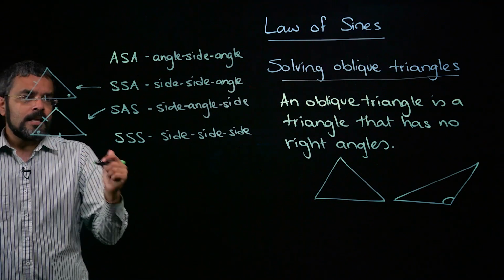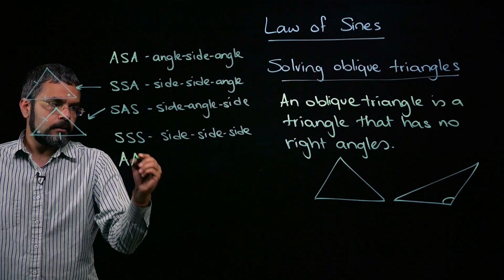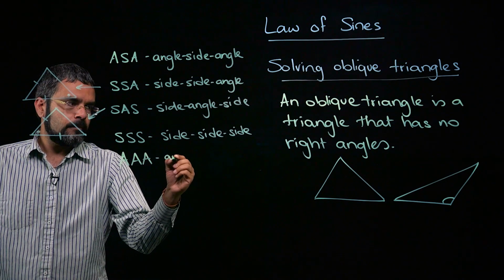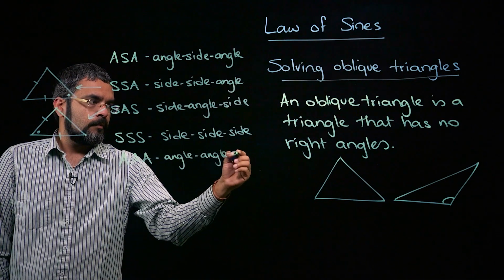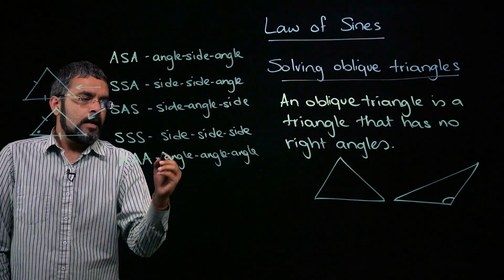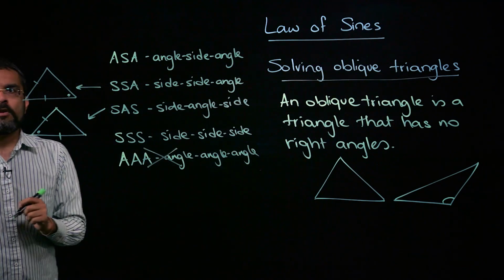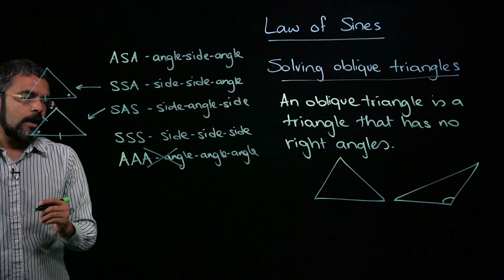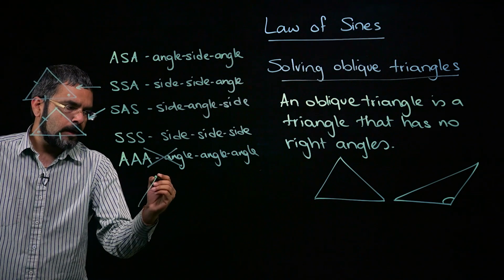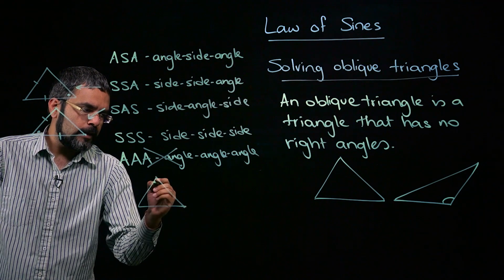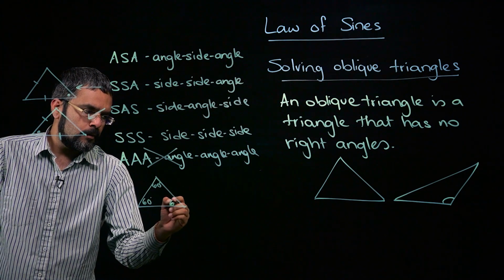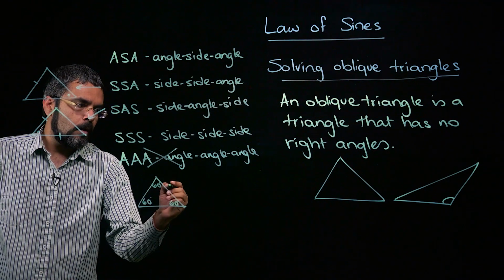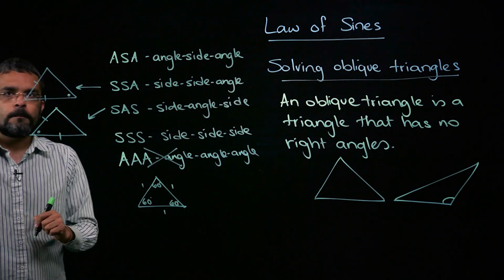The one thing that doesn't work is this: angle, angle, and angle. This will not help me solve a triangle, because think about it. I could have an equilateral triangle where all angles are 60 degrees, and all my sides, let's say, are of length 1.